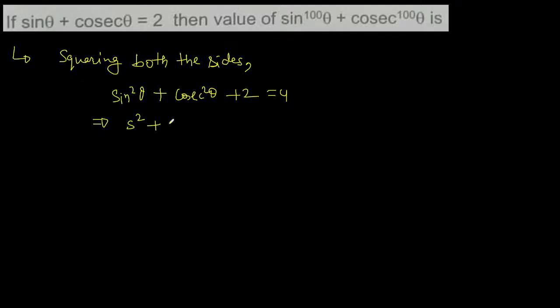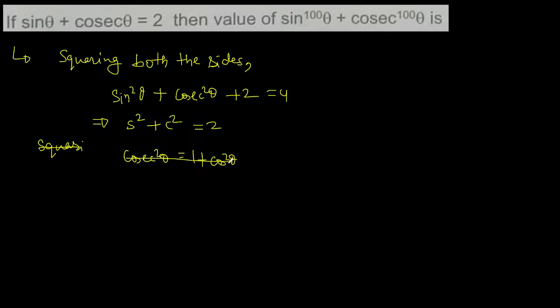So s square plus c square equal to 2. Square again both the sides. No, no, don't square, don't square. We'll get cosec square theta equal to 1 plus cos square theta. Okay.